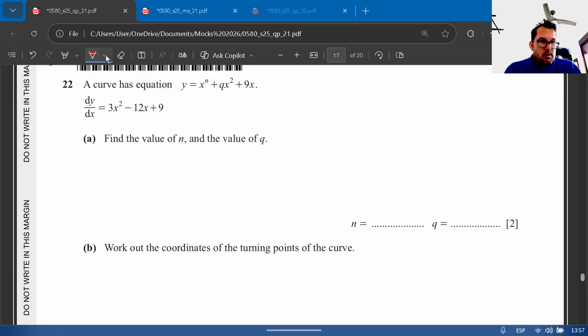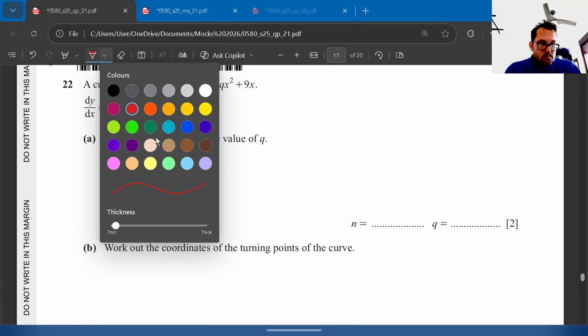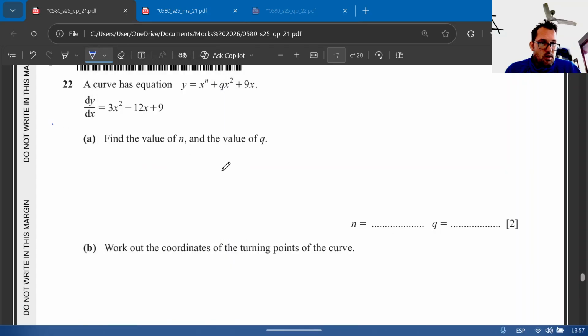Question 22. Right, differentiation. Remember, differentiation is the gradient of a tangent to a curve. To differentiate, we multiply by n, whatever is in front, to get the value in front, and then subtract 1.